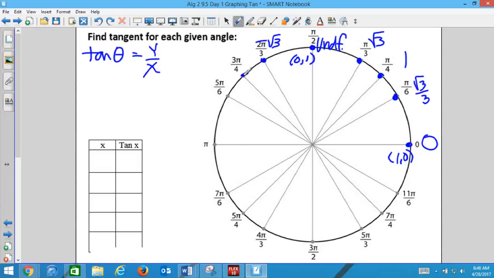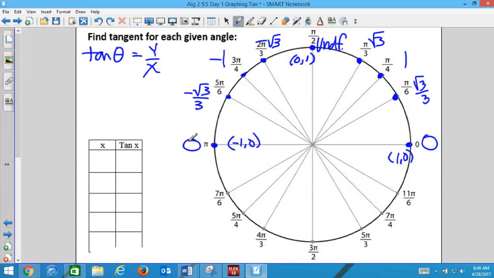This one's going to be the same as that one, only it's negative. This one's going to be the same, only it's negative. And then we get to the quadrantal, and we have to use the ordered pair, negative 1, 0. What is tangent, y over x? 0.